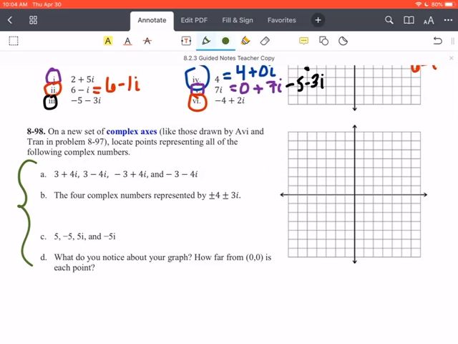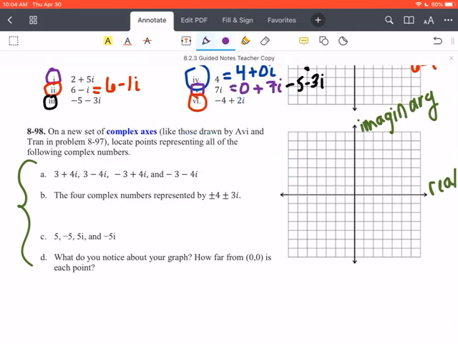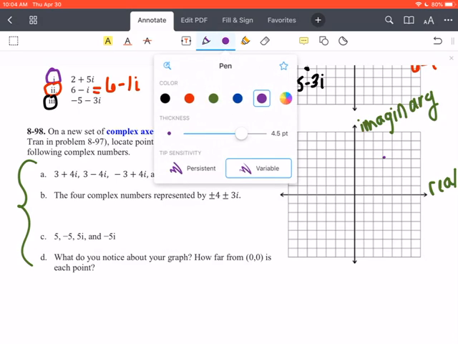So we're going to do 3 plus 4i. Again, this is the real, this is the imaginary, and we're focusing on plotting our points. So we have 3 plus 4i: over 3, up 4. I'm going to make my pen a little thicker.